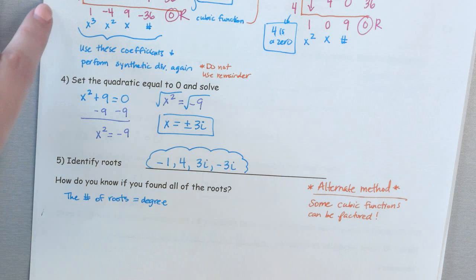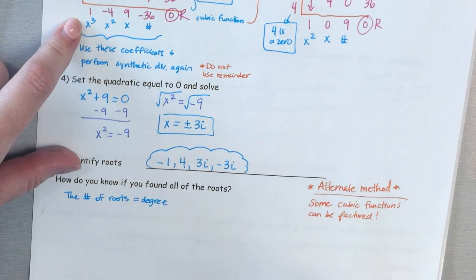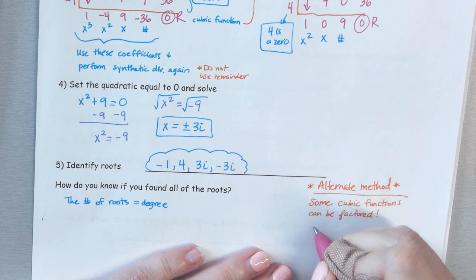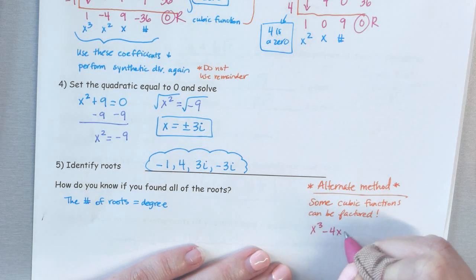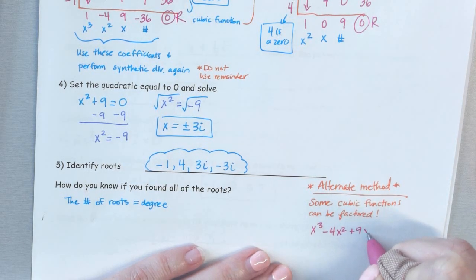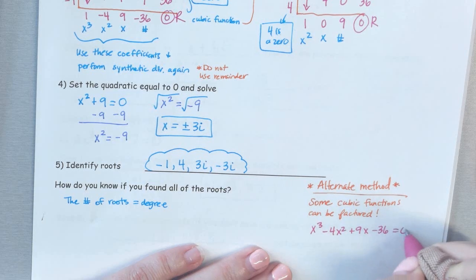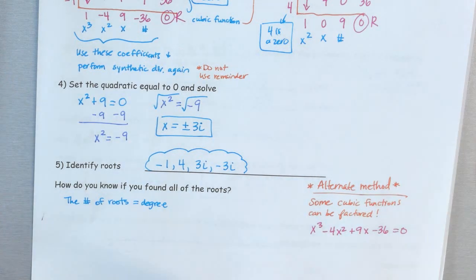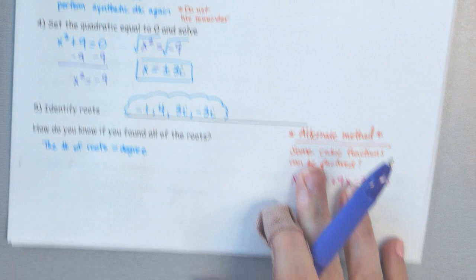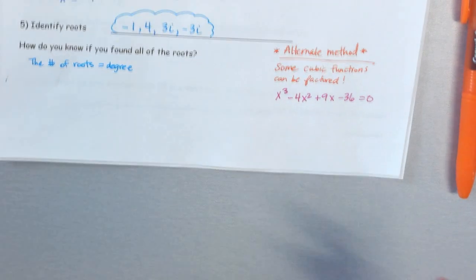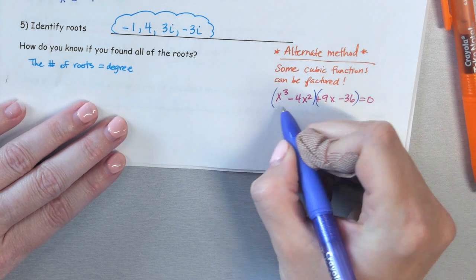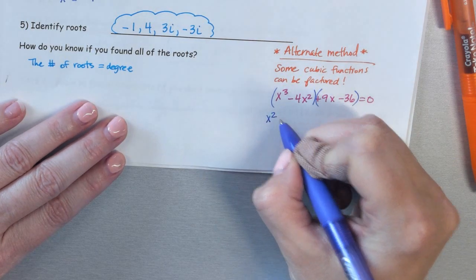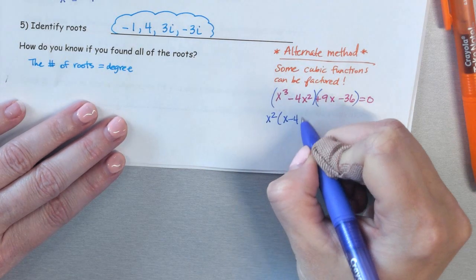Okay, so for this one, we had x to the 3rd minus 4x squared plus 9x minus 36. So because there are 4 terms, we can factor using the grouping method. If I take out the GCF, x squared, this would be x minus 4.